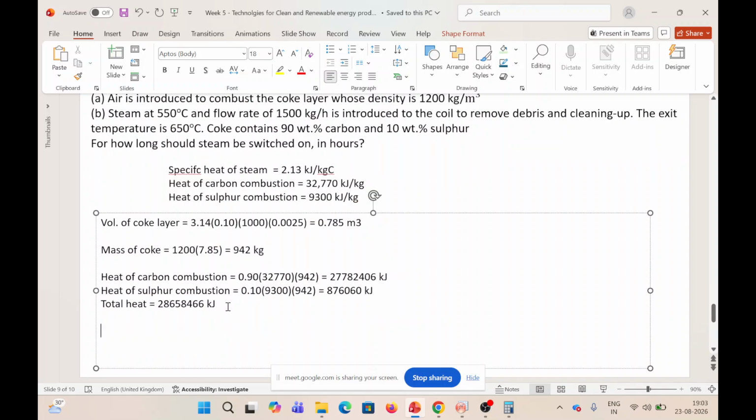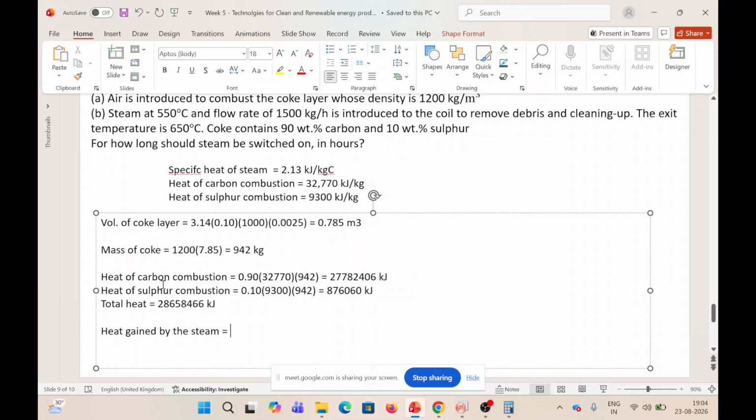Now this will be the total heat that gets generated. Now the amount of heat that is gained by the steam is m cp delta T. Am I correct? It's going to be m cp delta T.